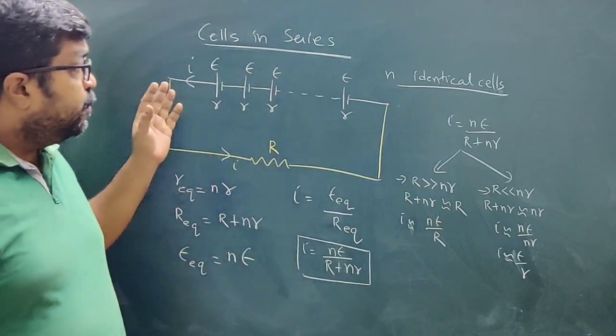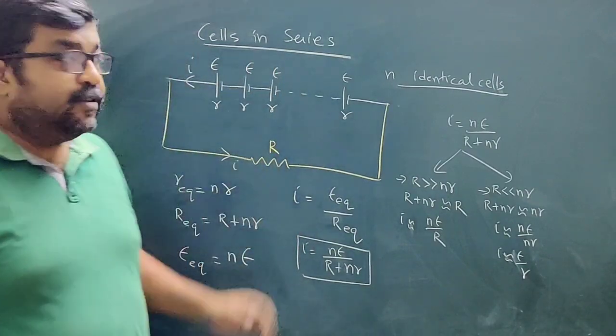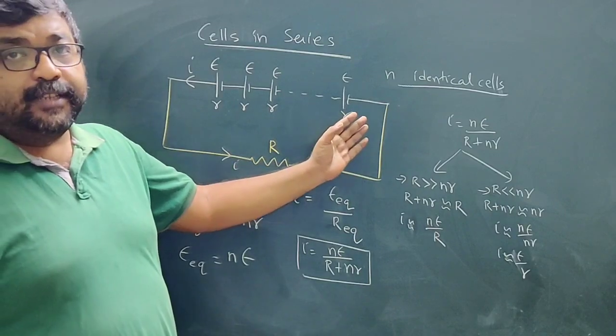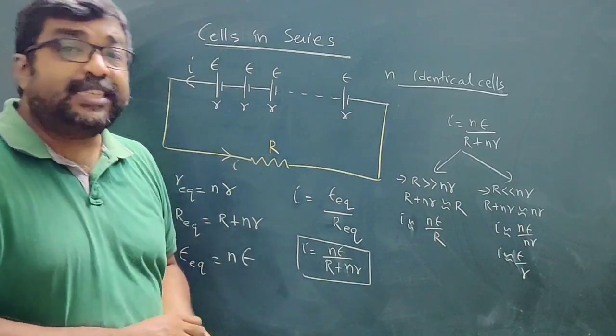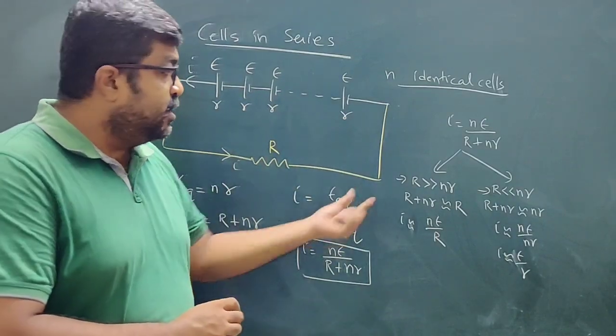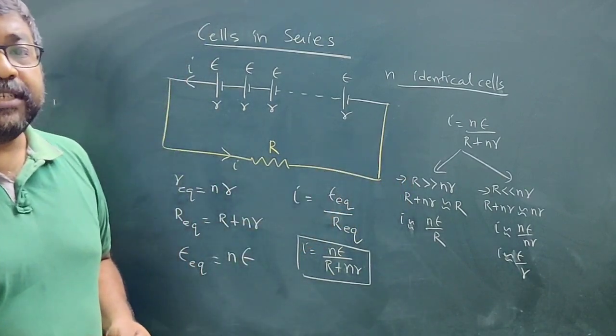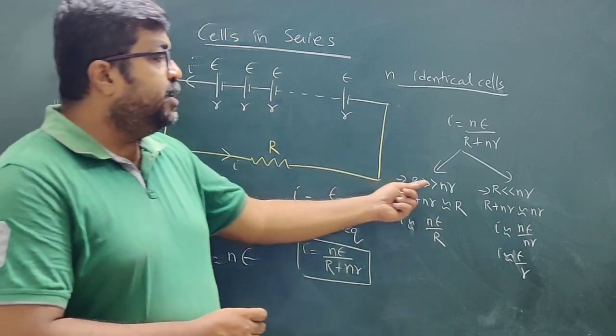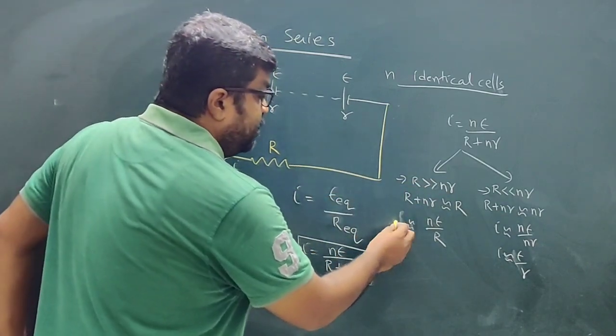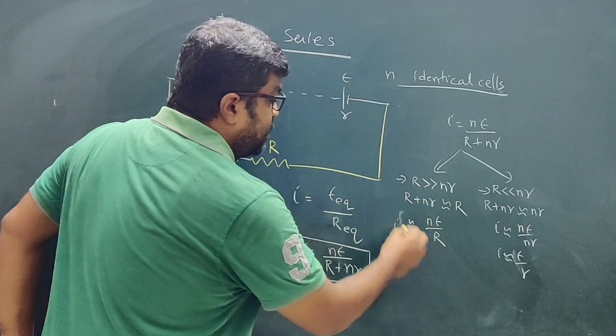Because for N identical cells in series, if you want to draw maximum current from the circuit, this is the condition. External resistance should be much greater than the total internal resistance. So in that case, this current will be maximum.